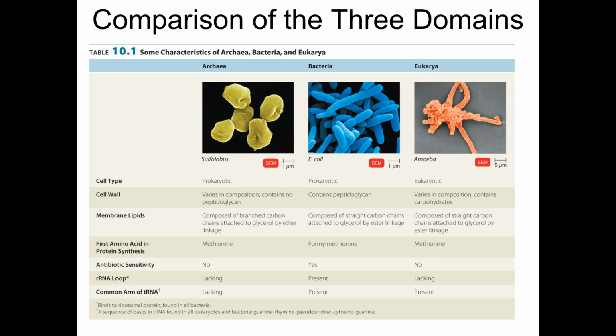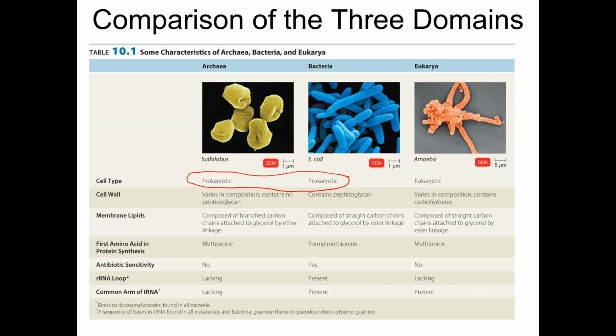Just a kind of nifty chart, just hammering home the point that the three domains are very much independent of each other, but there is still a little bit of overlap. So, for instance, comparing cell type: archaeans and bacteria are both prokaryotic, unicellular, no membrane-bound organelles.